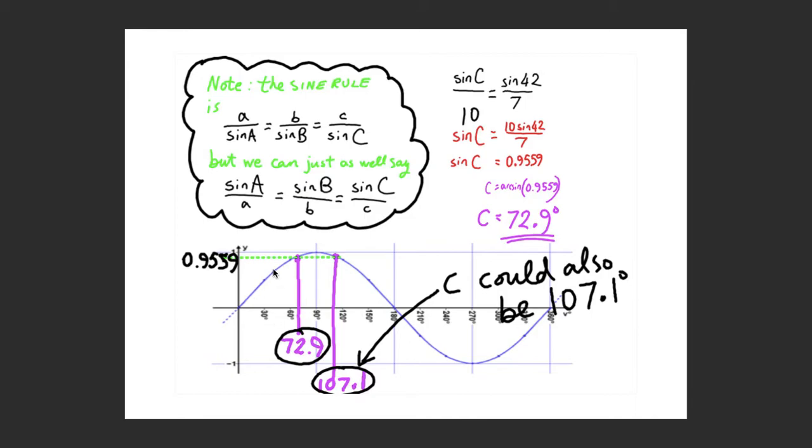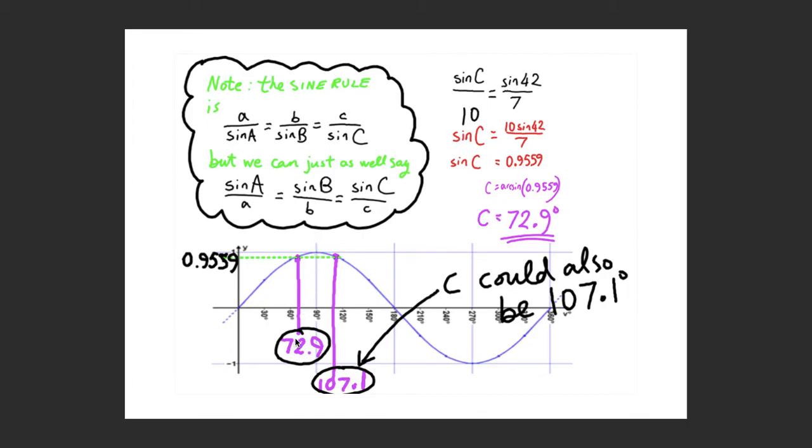But looking at the sine graph, another angle that could also have a sine that's the same as 72.9 degrees is the angle 107.1 degrees, because they're both symmetrical around 90.